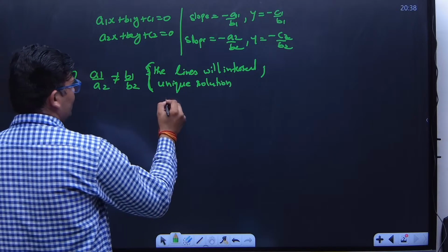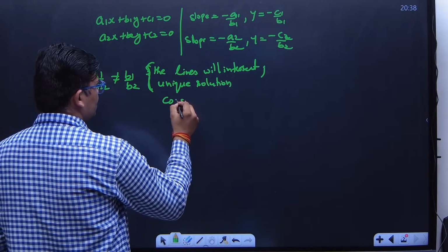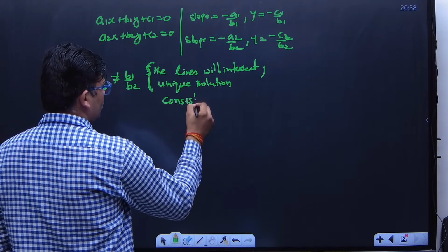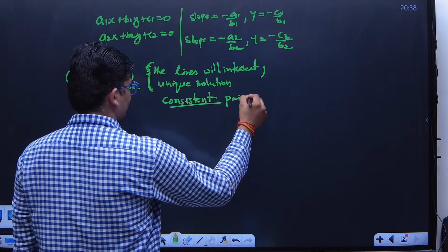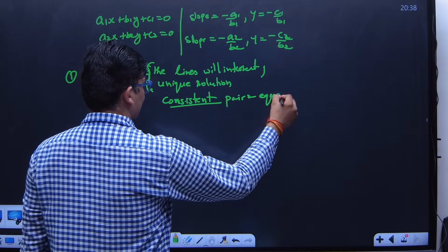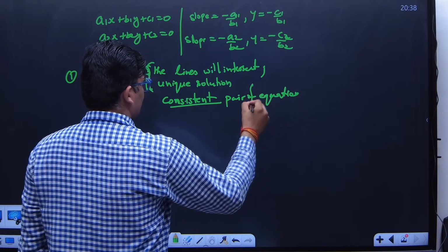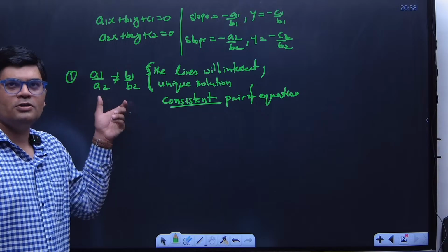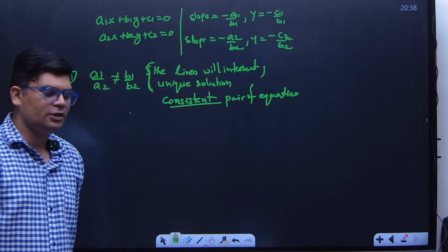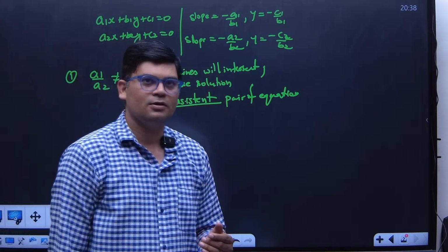Or we say that these lines are consistent. These lines are known as a consistent pair of equations. All of these mean the same thing. If this holds, then for all three reasons they are the same thing.